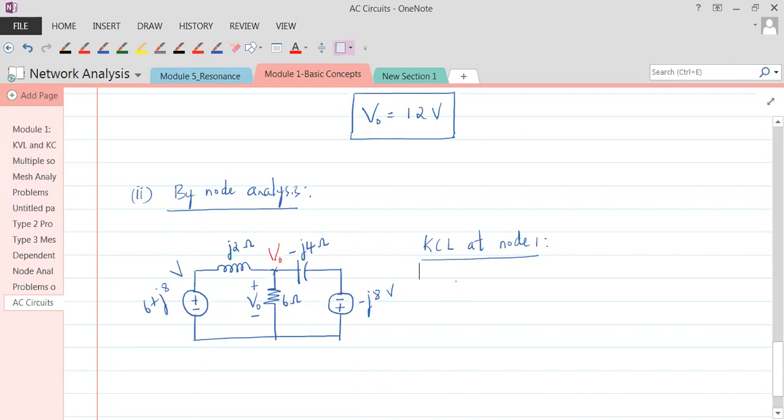So it is V naught minus 6 plus j8 divided by j2, the first current. What is the second current? It is V naught by 6. What is the third current? It is V naught minus of minus j8, so it is plus j8, divided by minus j4, equal to 0.